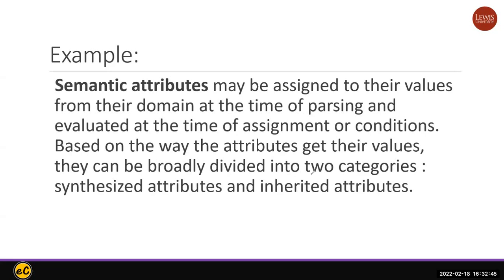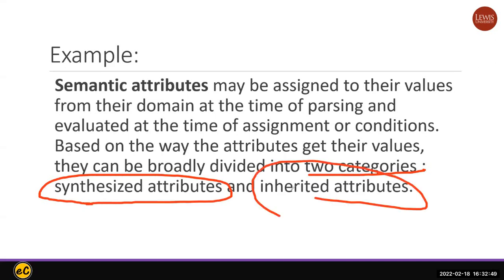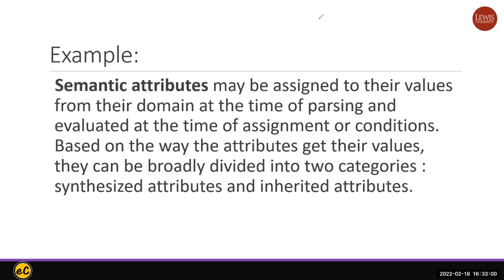Because of the evaluation, we divide the attributes into two types. So each node will have some attributes, and the attributes may have two types. One is synthesized type, one is inherited type. Okay, let's look at what these two types of attributes are.